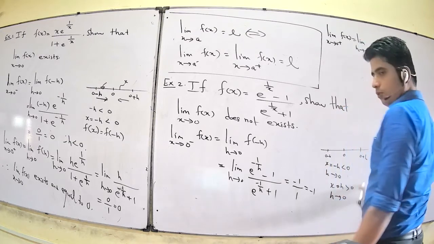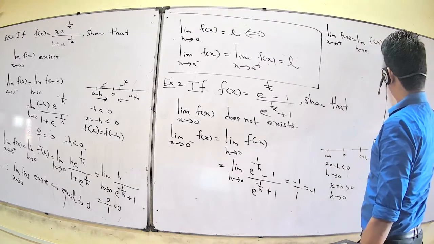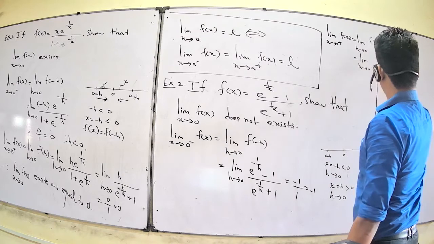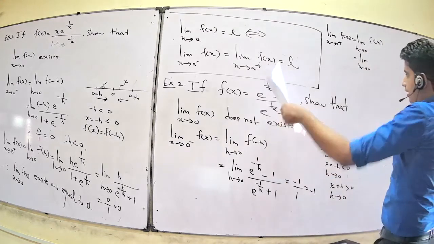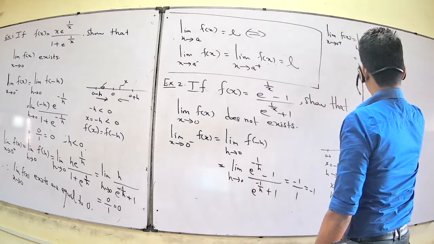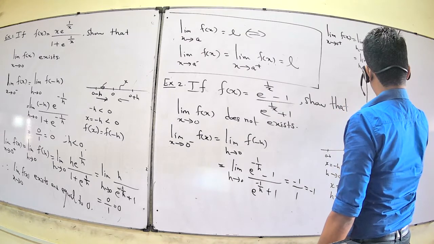So f of h. Now, limit of h tends to 0, you put x equal to h, so it is e power 1 over h minus 1, over e power 1 over h plus 1.